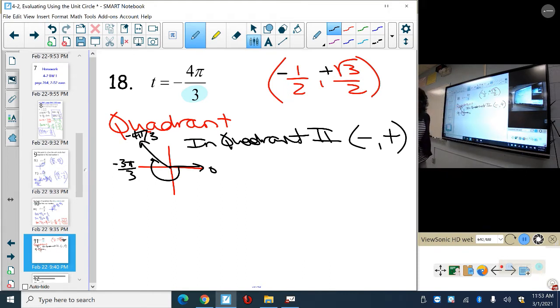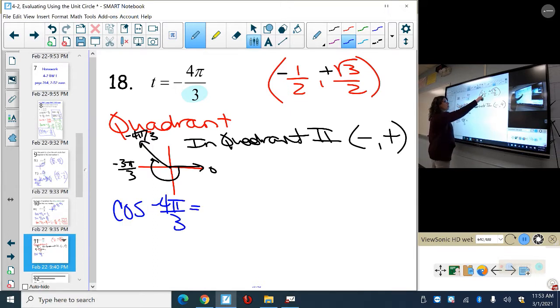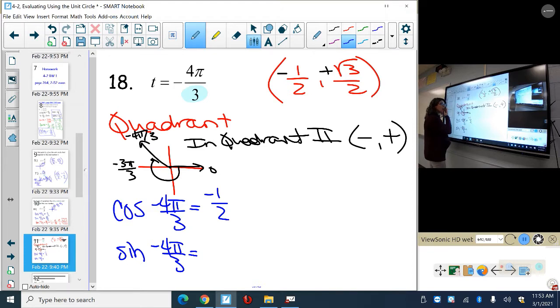So I still need to go ahead and, according to the directions, evaluate the sine, cosine, and the tangent. So the cosine of negative 4 pi over 3 is my x value, which is negative 1/2. My sine of negative 4 pi over 3 is going to be positive square root of 3 over 2.